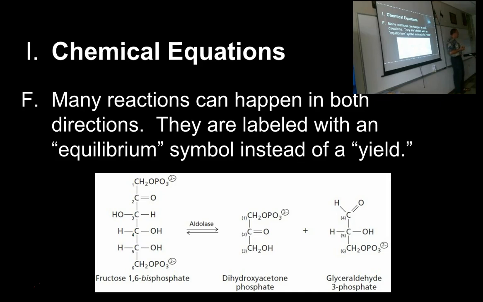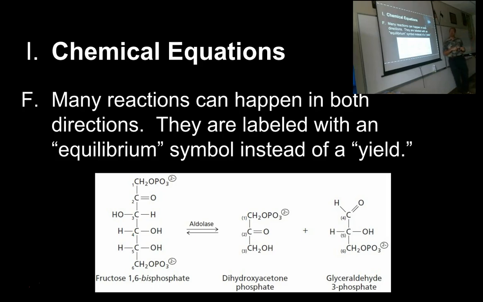But some chemical equations can. Some chemical reactions go one direction and then can reverse and go backwards. So you could take products and mix them together under the right circumstances and get reactants again. You can get something to unwind itself, right? And so in that situation, we don't use the yield sign because the yield says it only goes this direction.